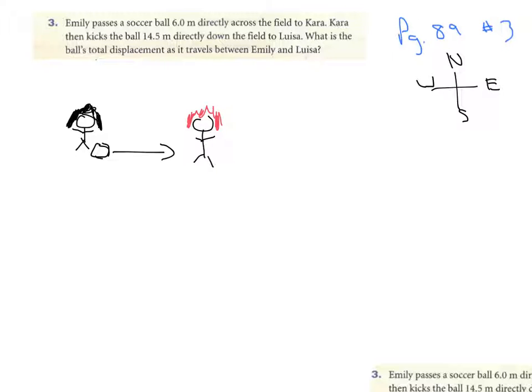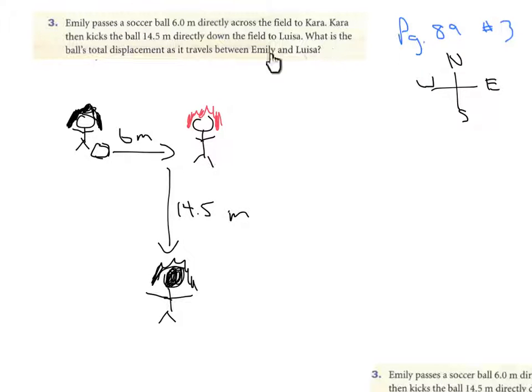So the initial vector is 6 meters in the east direction, and then Kara kicks the ball 14.5 meters down the field to Louisa. So here we have Louisa, and Louisa has black hair. All right, so here we have Emily to Kara, and then Kara to Louisa.